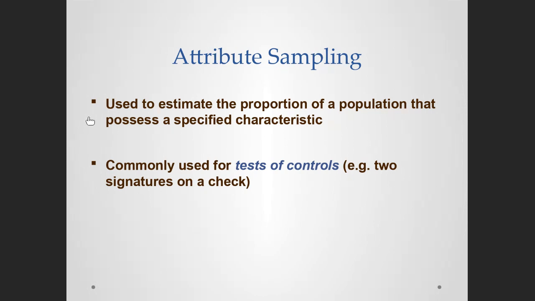Attribute sampling is used to estimate the portion of a population that possesses a specific characteristic. So you want to see whether something is present or absent in the population. It's commonly used for testing of controls, and we're going to understand this with an example.